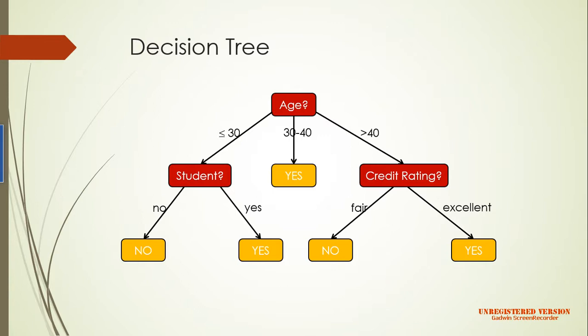If he is a student, he is going to buy a computer. Now take the other link, 30 to 40. The data says if the customer is aged 30 to 40, he is going to buy a computer. And for above 40 years, it depends on the credit rating. If they have an excellent credit rating, they are going to buy the computer, and if they don't, they are not going to buy the computer.